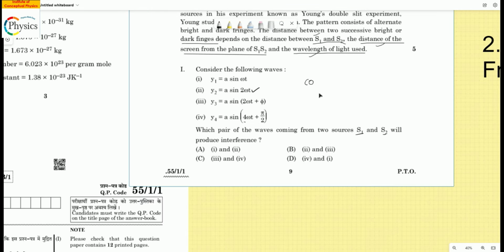Now, all right. So let's talk about coherent source to solve this problem, right? What is the concept of a coherent source? In a Young double-slit experiment, typically you have a coherent source, and then you have two slits. So this is your slit S1 and this is your slit S2.